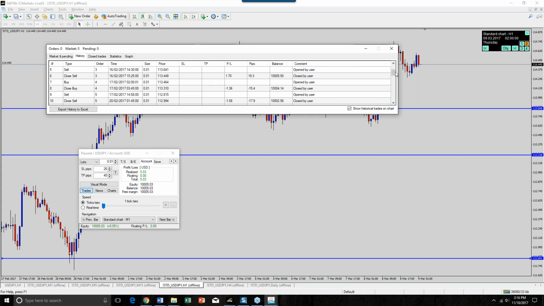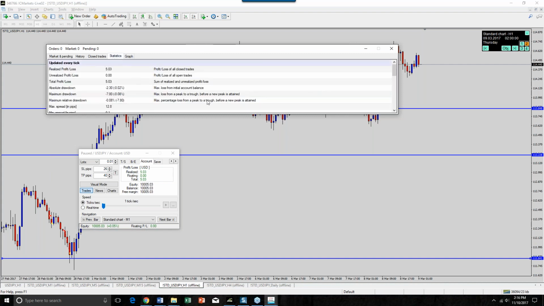Okay, so we got 13 pips. We got 30 pips almost, 19 pips. We lost 15 pips, lost 17 pips, lost 7, 7.4, lost 25, 10, we won 10, 130, 1.8, lost 13, lost 13, 115, 140. So we ended up making money. That's pretty good. Let's see the stats.